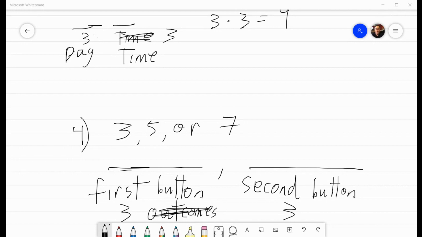How many outcomes are you going to get? Not 6. Remember, it's the counting principle. There's a certain number of ways of doing the first task, and then a certain number of ways of doing the second. You multiply. You get 9.